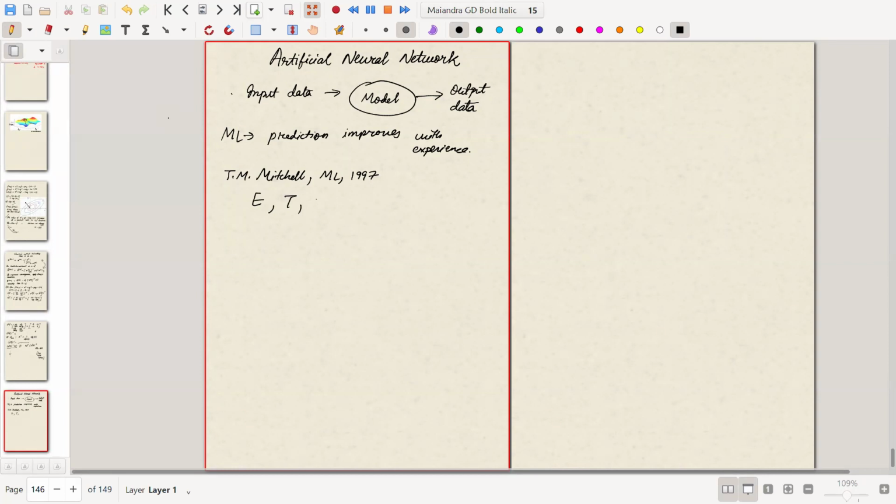If its performance at task T, as measured by P, improves with experience E, then it has learned. I will scan this note and send it to you, so I don't have to write it. I just wanted to tell you the wording, which is the start of ML.